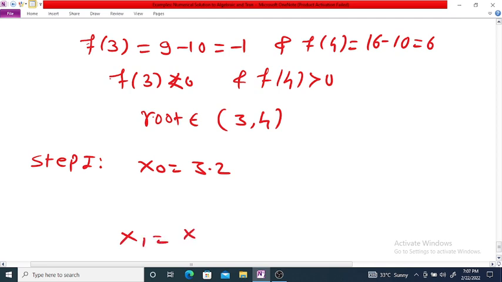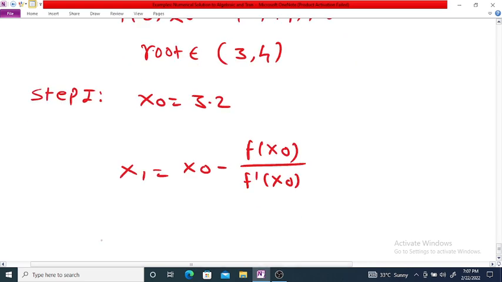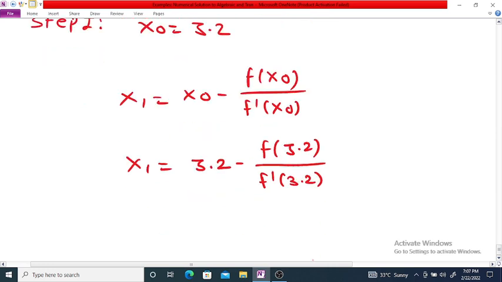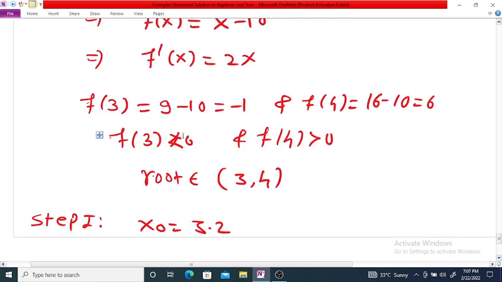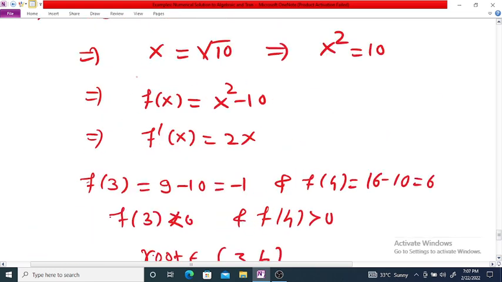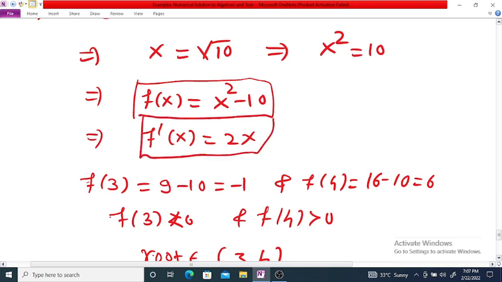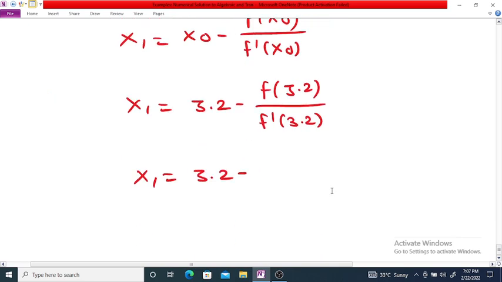x1 is equal to x0 minus f of x0 divided by f dash of x0. So x1 is equal to 3.2 minus f of 3.2 divided by f dash of 3.2. What is f of x here? f of x is x square minus 10. We assume the root of the given equation is x, so x square is 10, and f dash x is equal to twice x.